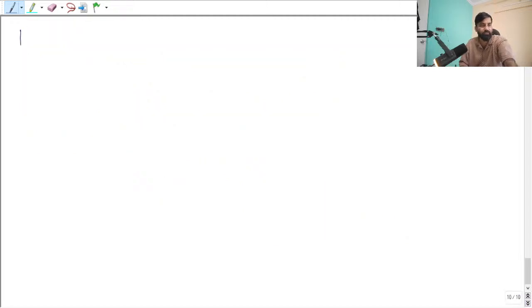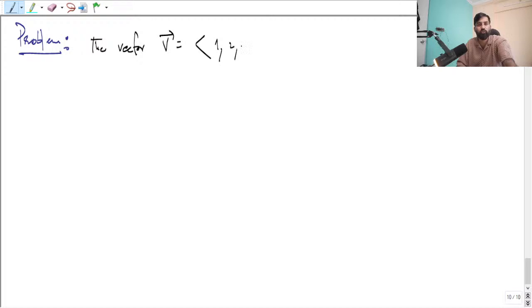The problem is that a vector is given. Let's say this is a vector, and I'm writing it in terms of components only: (1, 2, -1). You can also write it as a column vector if you want.